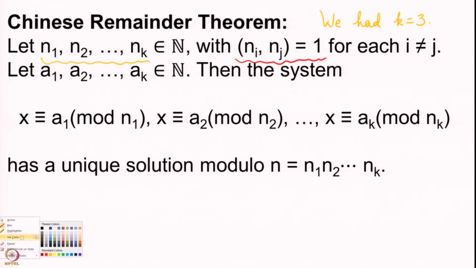Once you have this, take any natural numbers a1, a2, up to ak, there is no condition on these.